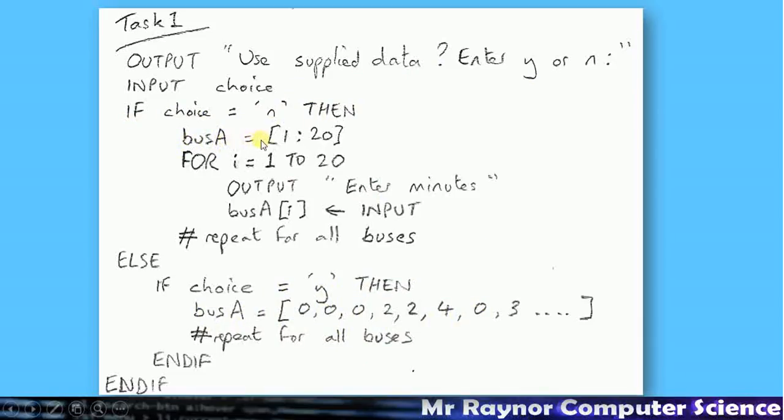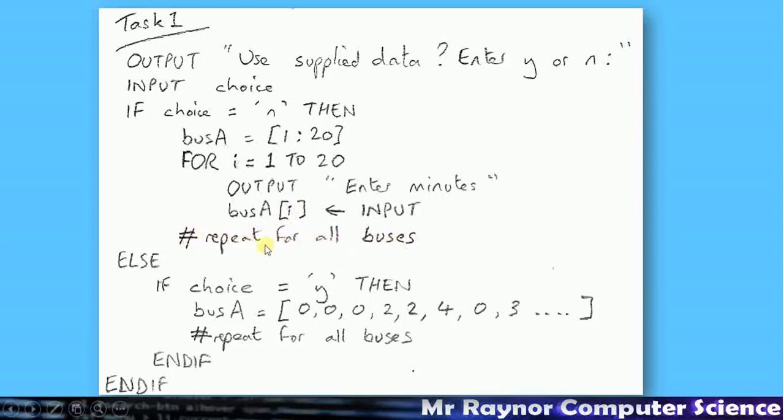Here's how we might set that out in pseudocode. So an array that goes from index 1 to index 20. Again, it's easy to understand. It corresponds well to the for loop, which is going from 1 to 20. And as we just saw, it's going to output a message, enter minutes, and then whatever the input gets put into that index in the array. I've been lazy here. I'm not going to write it out 6 times, so I've just done a comment, repeat for all buses.